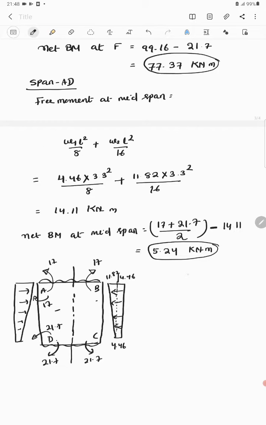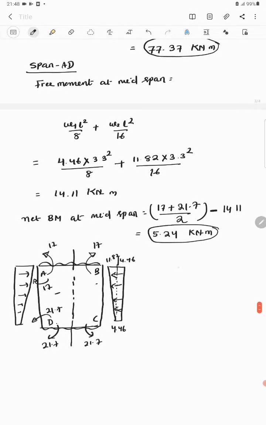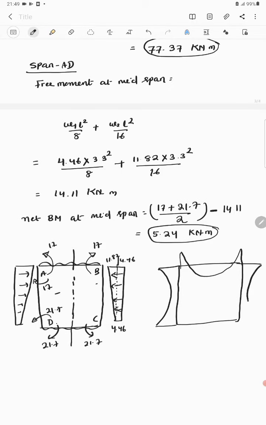So let's draw the bending moment diagram. Okay, so this is 21.7 kilonewton meter. Then this is 17 kilonewton meter.